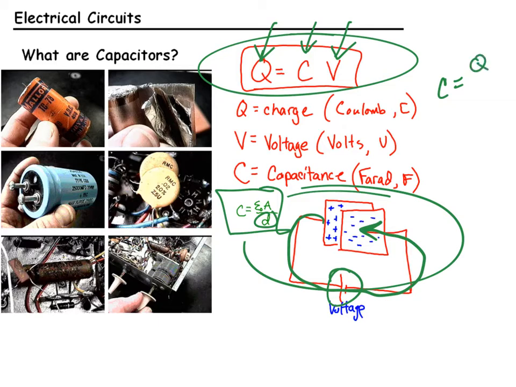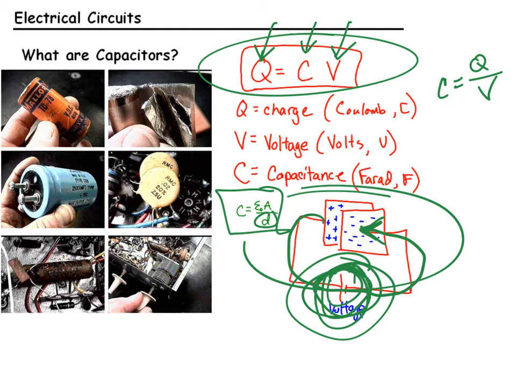It's the ratio of the amount of charge to the voltage. So when I put a voltage on here, I create a certain amount of charge in the capacitor, and how much charge I make, of course, depends on the capacitance. If I make a bigger voltage on here, I'll get more charge. Bigger voltage, more charge.